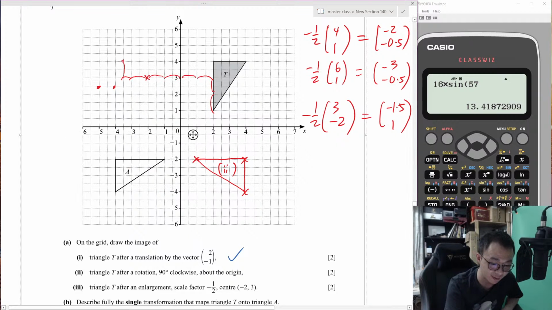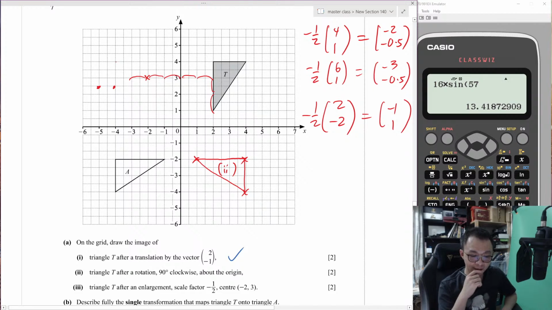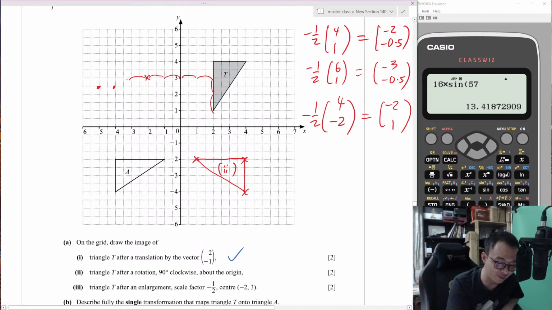Something is wrong. 1, 2. Oh, this is not 3, isn't it? It's just 2. Sorry, calculated wrong here. So this one should be -1. 1, 2, 3, 4. I'm not sure what happened to my calculation. Okay, -1, -2, going up 1 unit here.